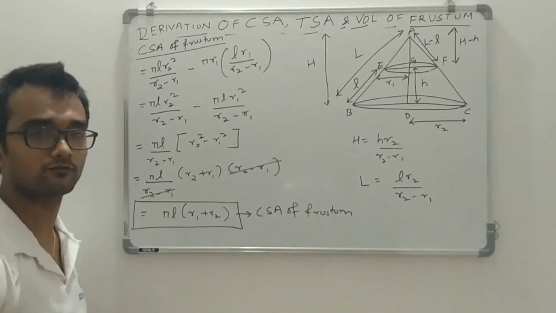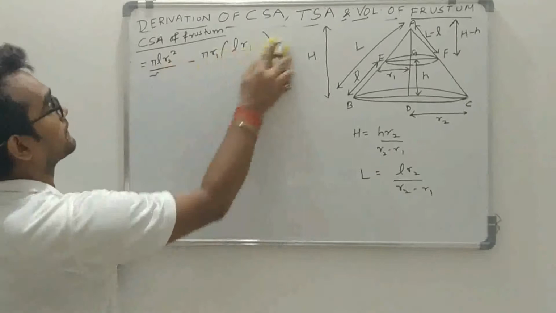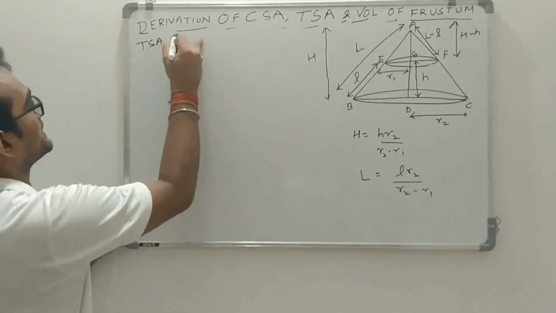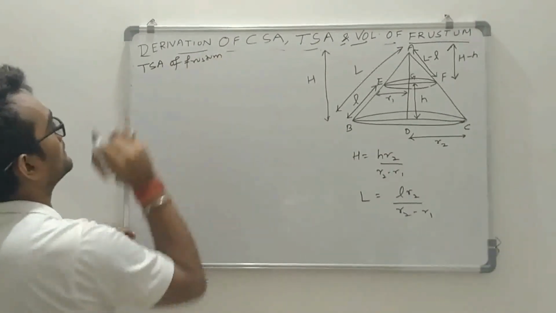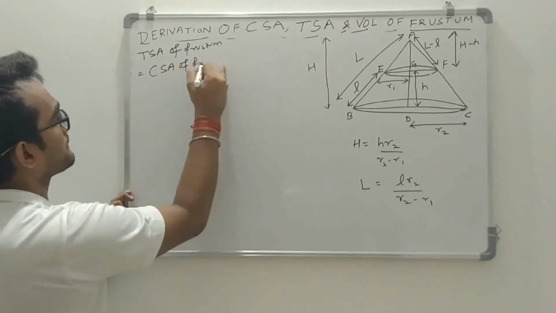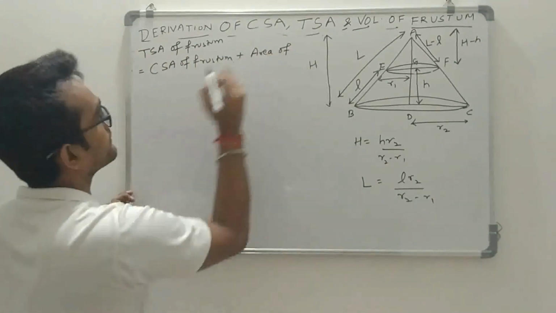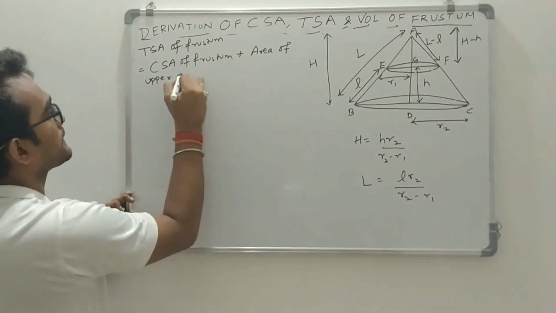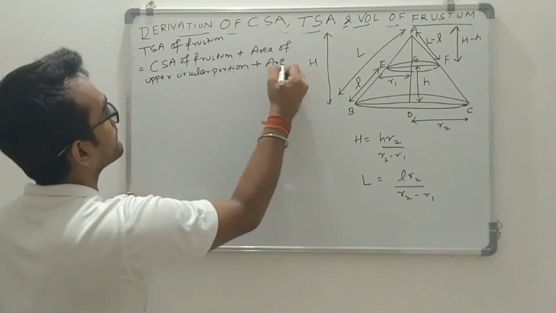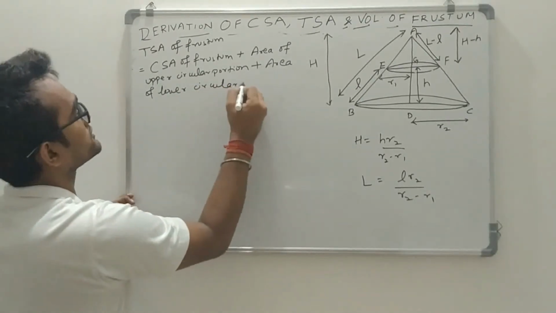After deriving the formula of curved surface area of Frustum, I will switch on to the formula of total surface area of Frustum. The total surface area of Frustum will be equal to curved surface area of Frustum plus area of upper circular portion plus area of lower circular portion.